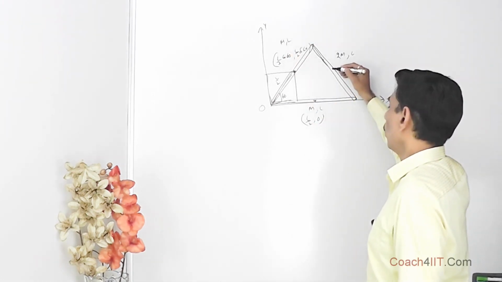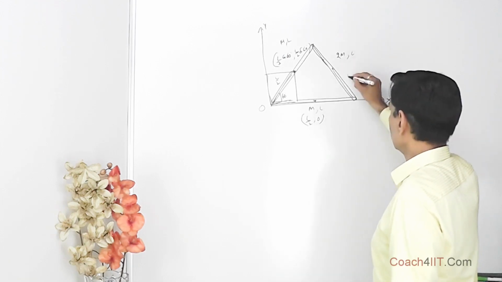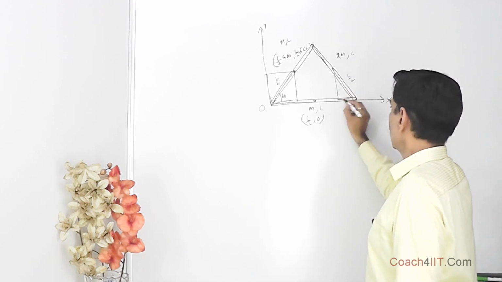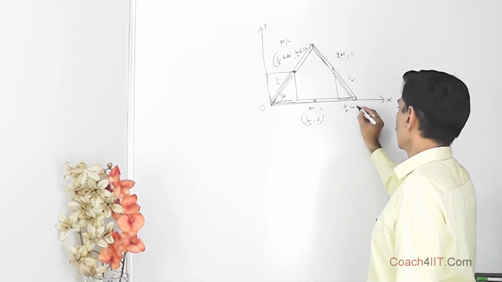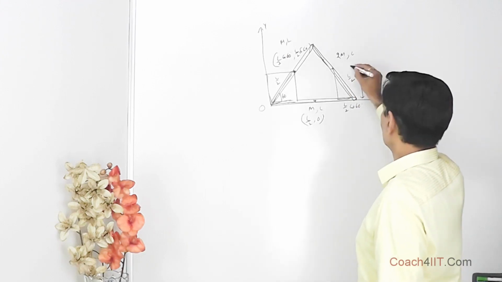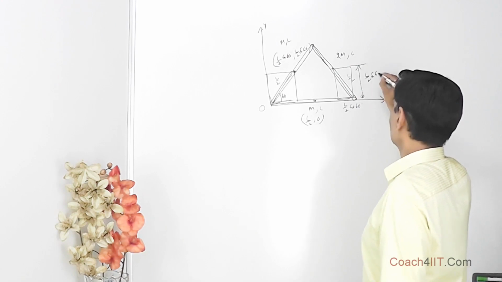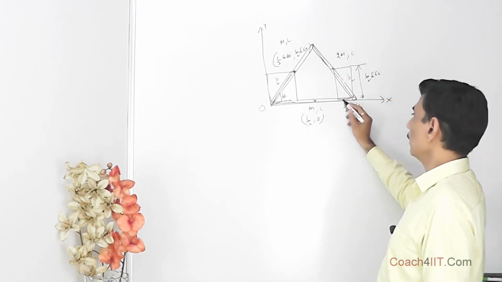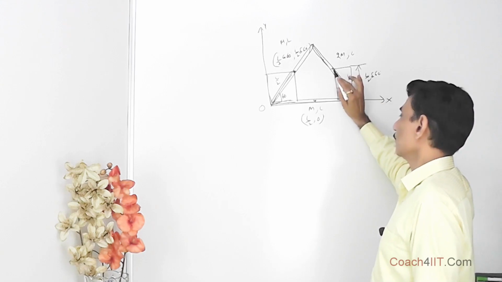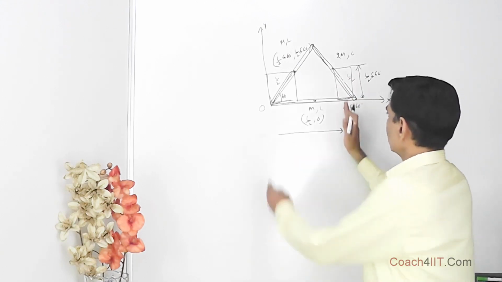Now coming to the coordinates of this one. Once again, because this is L by 2, the y-axis distance is going to be L by 2 sin 60 degrees. The x coordinate is not going to be L by 2 cos 60, because it is the distance from the origin along the x-axis. What is this distance from here to here?